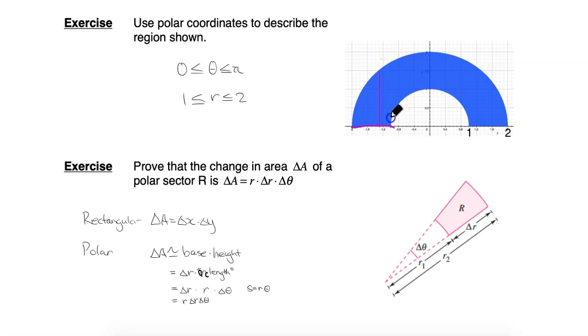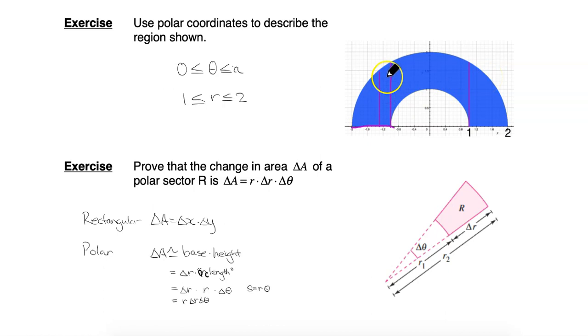And then from x values from -1 to 1, y would range from the square root of 1 minus x squared to the square root of 4 minus x squared. And finally, for that last part here, y ranges again from 0 to the square root of 4 minus x squared.